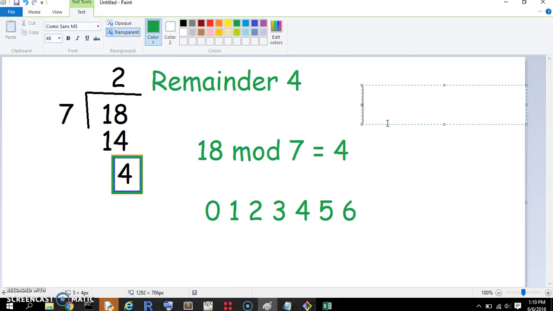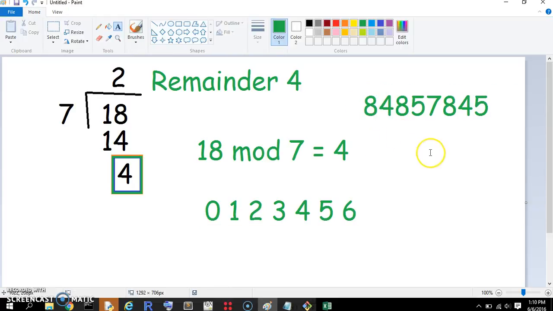Any number can only give one of these 7 values, because when you divide by 7, you're going to be left with a remainder of somewhere between 0 and 6. And notice that if it divides cleanly, the remainder is 0.